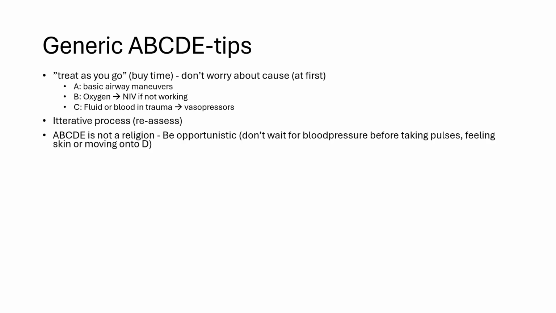But I would not be religious about only doing the A, because sometimes there's a B or C reason why there's an A problem, or there might be a D reason, like if you have a stroke or something like that. Of course, you have to manage the A, but sometimes it's not as clear cut as ATLS wants to make you think.